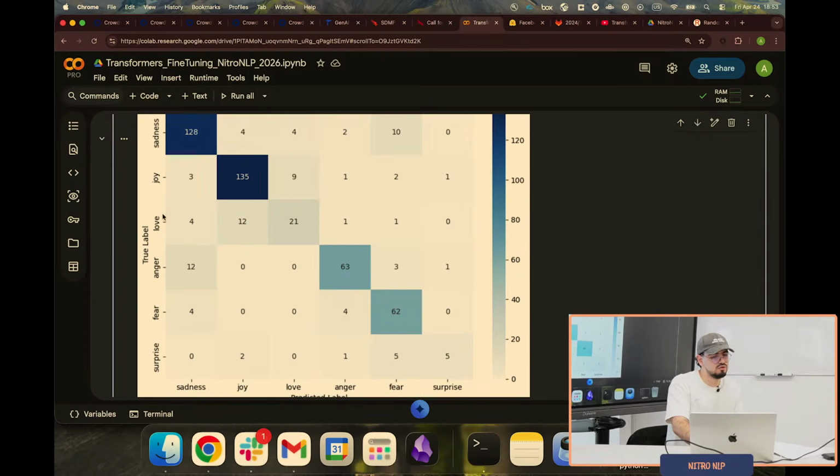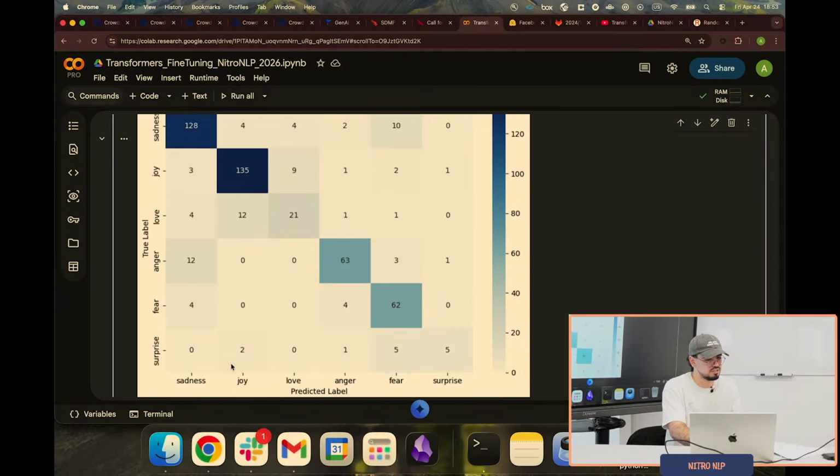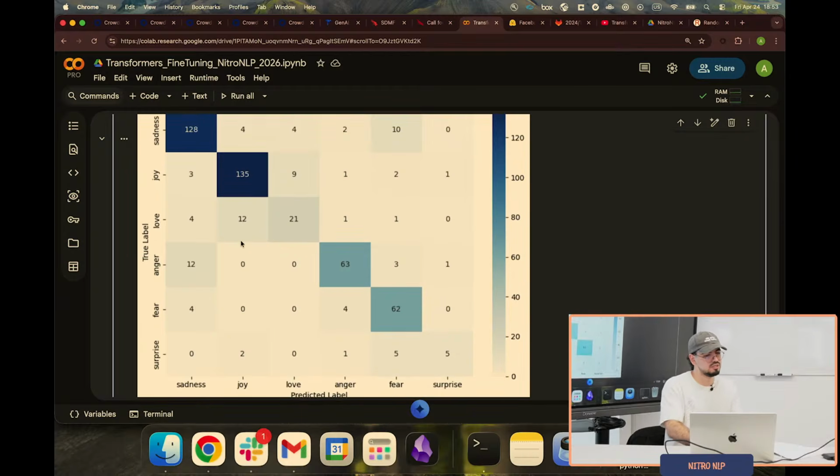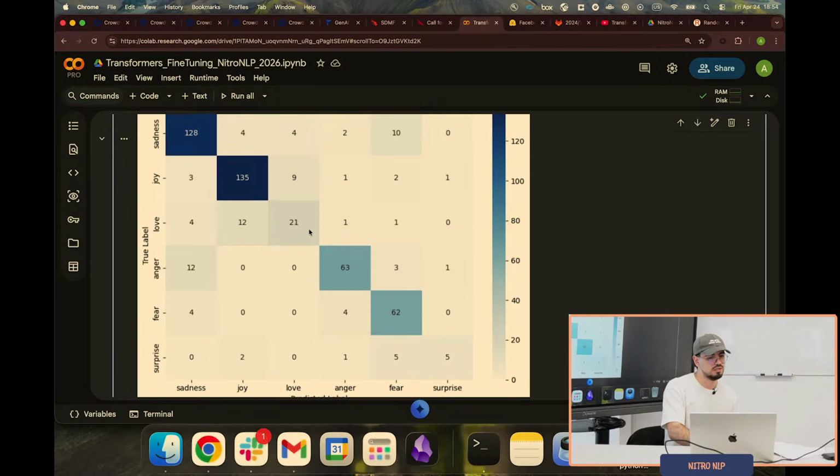We can see that for love and joy, it kind of confuses them a bit, for multiple reasons. One of them is that there are not many samples with love. For love, the true label would be around 30, 40 samples maximum. Having so few samples, it does not necessarily learn to distinguish between love and joy.